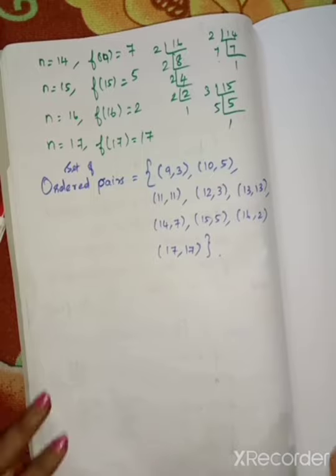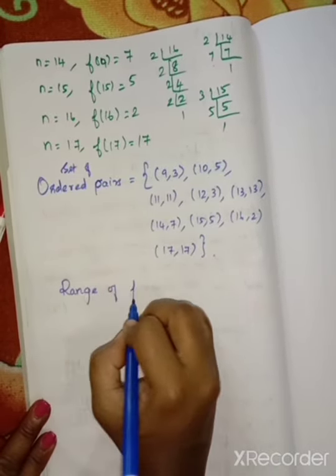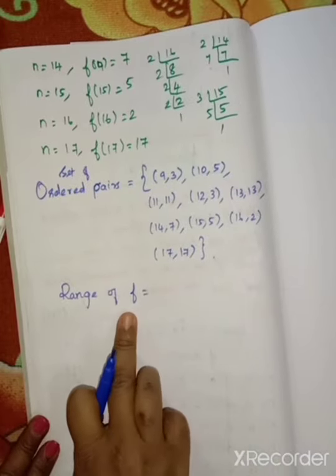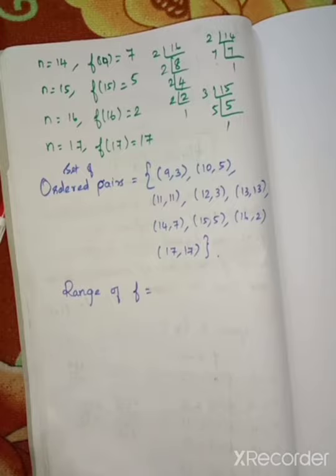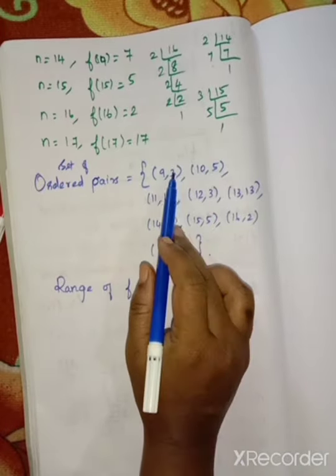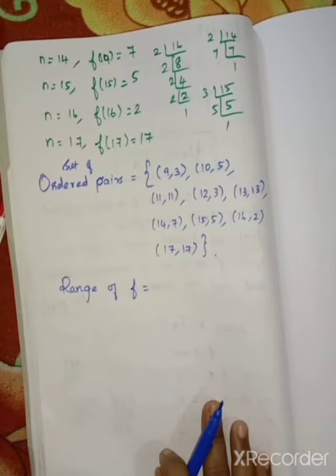Then another one is asked: range of f. So range of f they ask. So range means what? These are the second terms of the pairs. Here we have two same terms: 3 is there twice, 5 is there twice. So you can write them only one time.